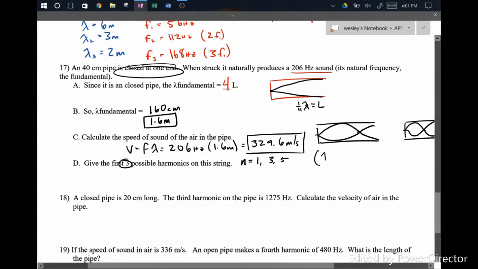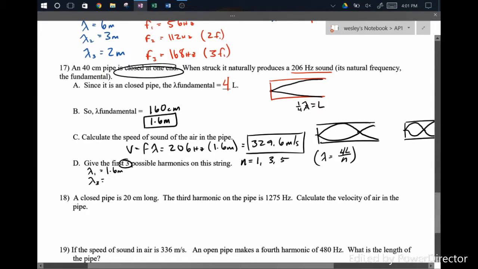And here we know that lambda is going to be 4L over N. So lambda 1 we already found to be 1.6 meters. Lambda 3, because lambda 2 is not possible, is going to be 4 times 40 divided by 3.